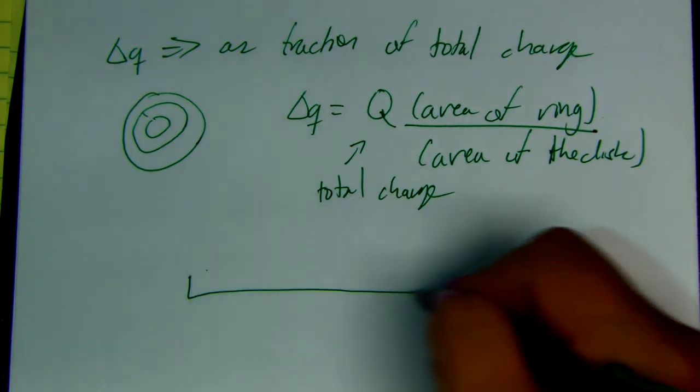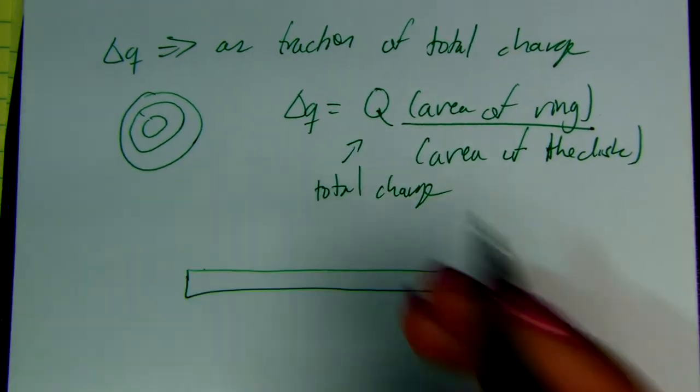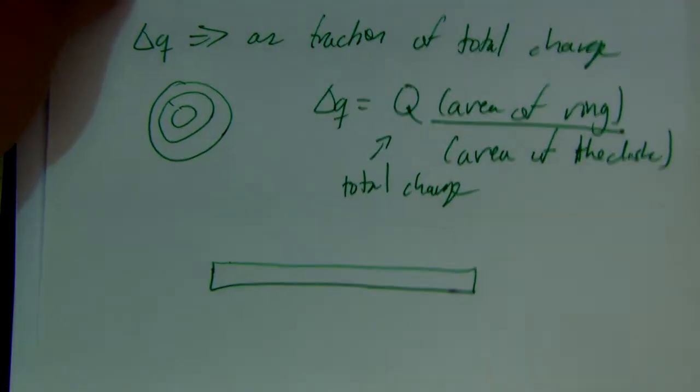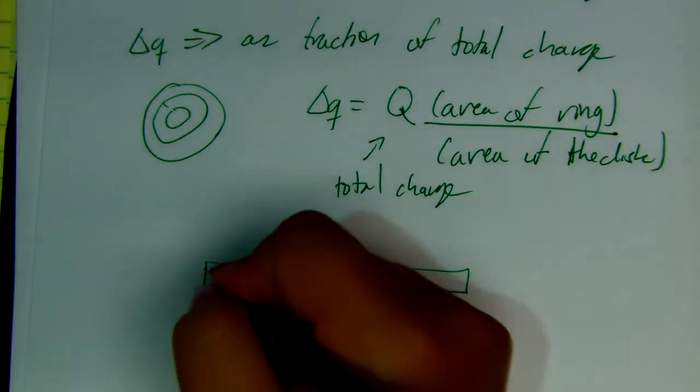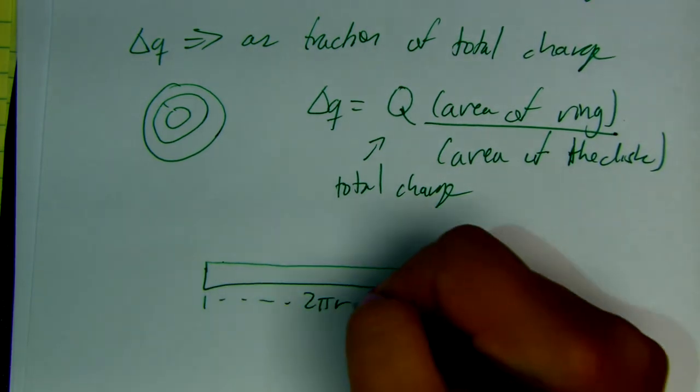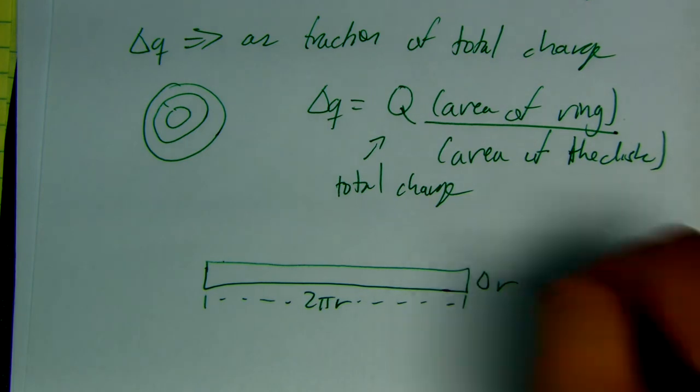So you can imagine that a ring is basically just a rectangle rolled out flat. If I take this paper that I'm writing notes on, you can see I can easily get a very thin ring. I roll it out, then we just have a little rectangle, and this will have length 2 pi little r, and this is delta r.